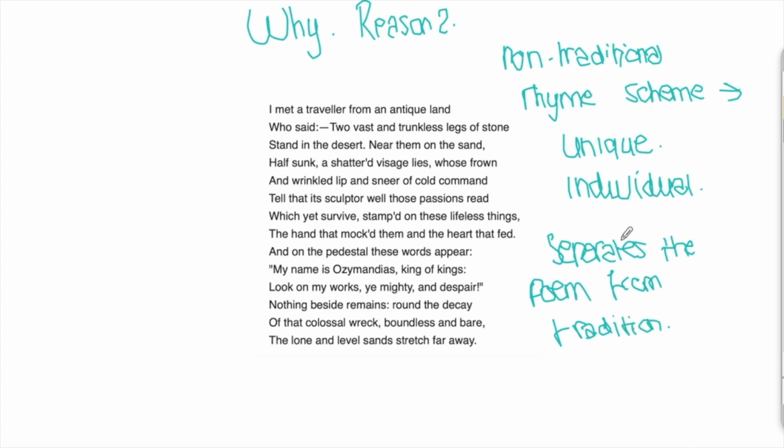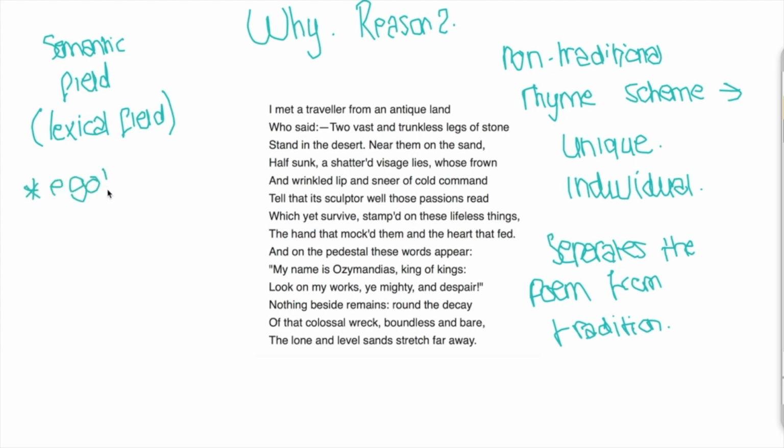Now let's look at the actual poem and see why this is important. So we've got a semantic field, also known as a lexical field, of individuality or supremacy, and these two words basically mean that Ozymandias is egotistical and thinks that he is the best of the best.